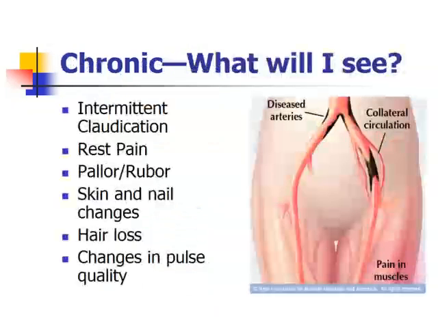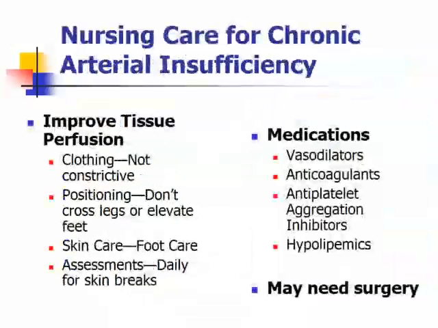Patients with chronic arterial problems, you will typically see intermittent claudication symptoms, rest pain, pallor, skin changes, hair loss, and changes in the quality of the pulses in the legs and the feet. Nursing care for patients with chronic arterial insufficiency includes those listed on this slide: to improve tissue perfusion, to have the patients on appropriate medications such as vasodilators, anticoagulants, antiplatelet inhibitors, and hypolipemics, which help to bring down cholesterol and lipids.